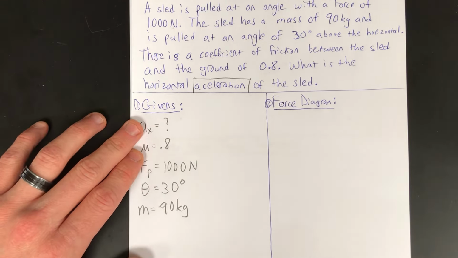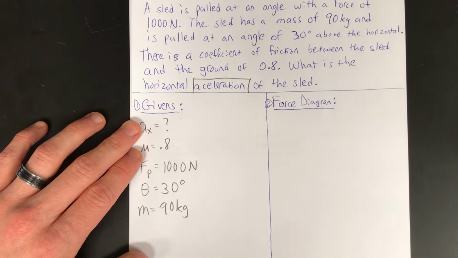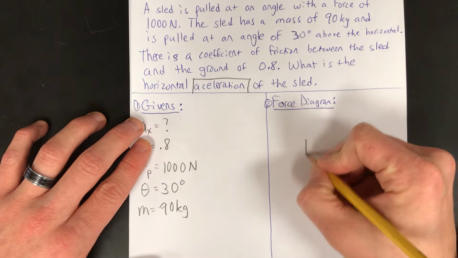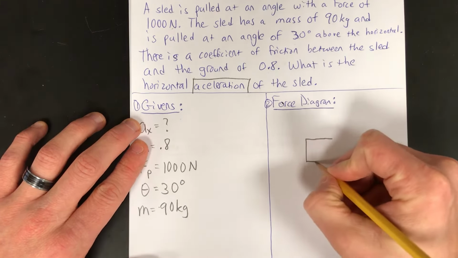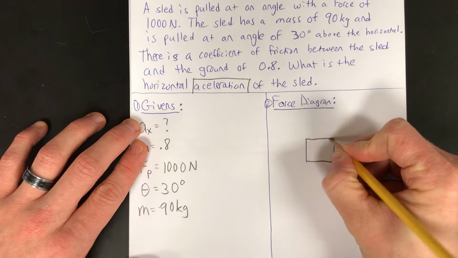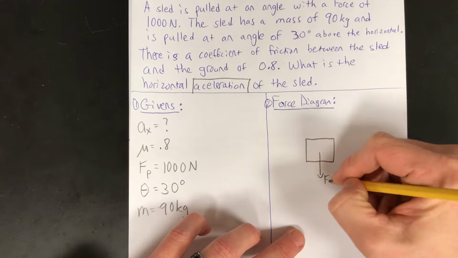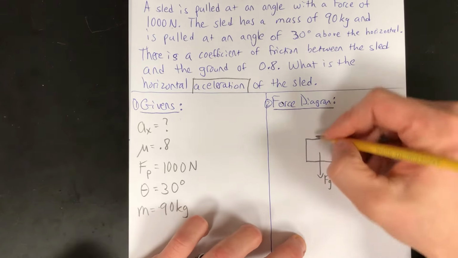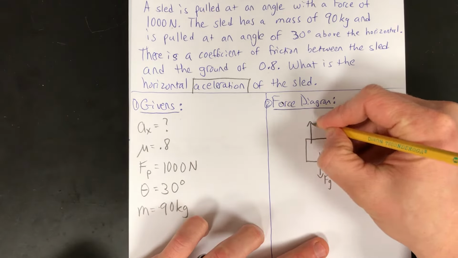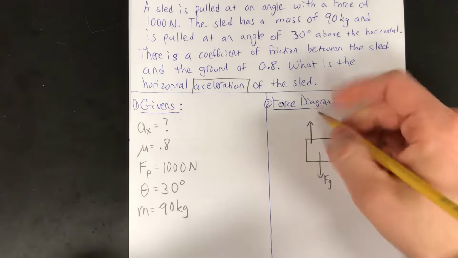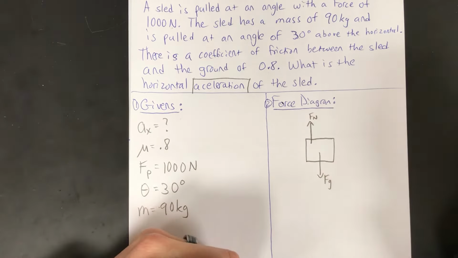Remember, the first thing we do in our problem all the time is we draw our force diagram, okay? It's going to look a little different than the ones we've been drawing. Just one small difference. We're on Earth, so we have gravity pulling us down. We still have the ground beneath the sled pushing up with a normal force.